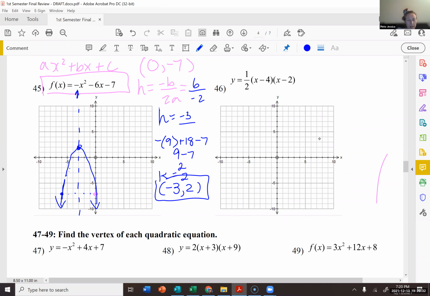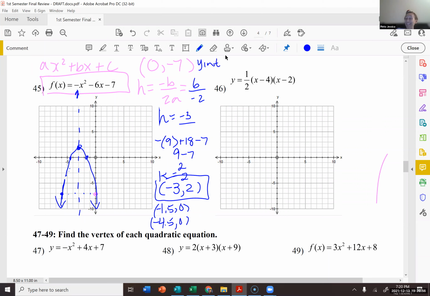I'm going to say my x-intercepts look to be about (-1.5, 0) right here. And then this one looks to be about (-4.5, 0). We've already got the y-intercept here.